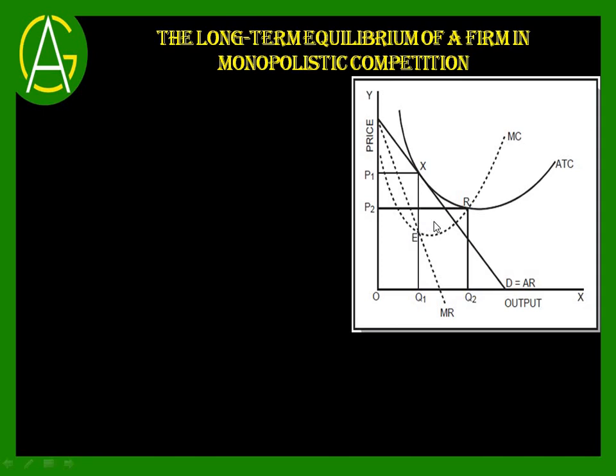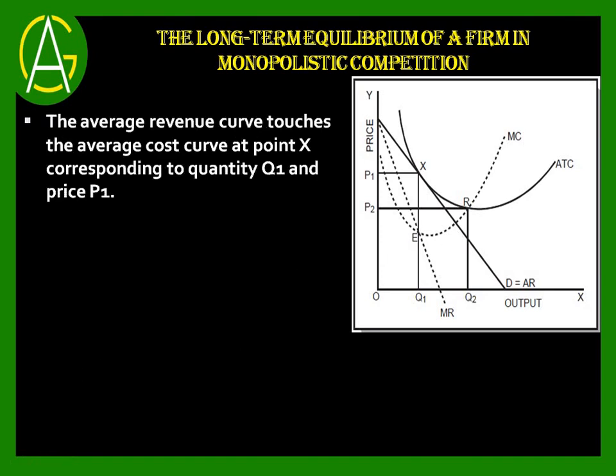If it produces to the optimal level, it will make loss. This is the thing that is written here. The average revenue curve and average cost curve, they are tangent at point X, as we can see here. So the quantity is OQ1 and price is OP1.